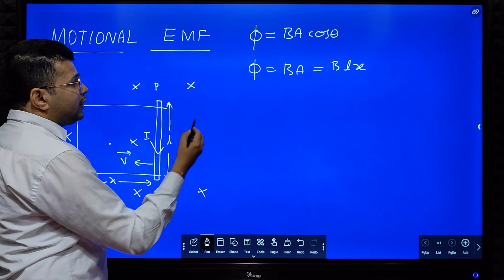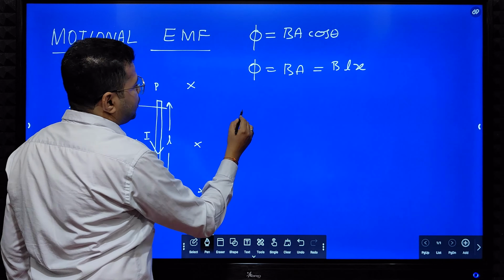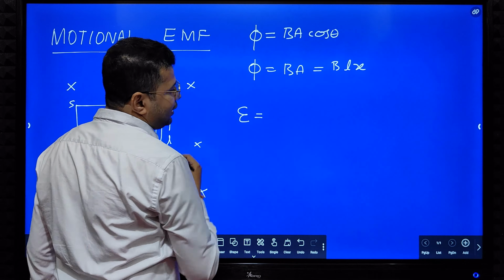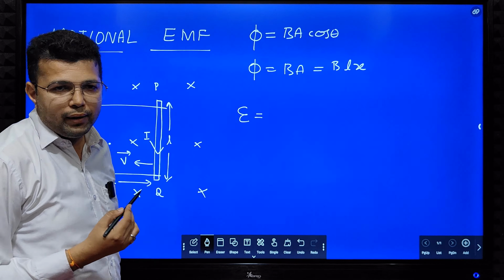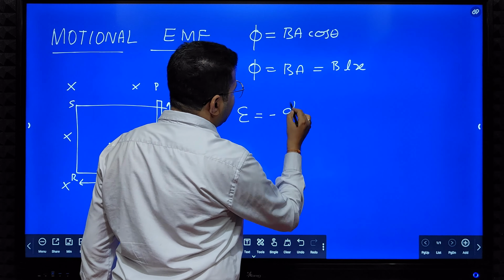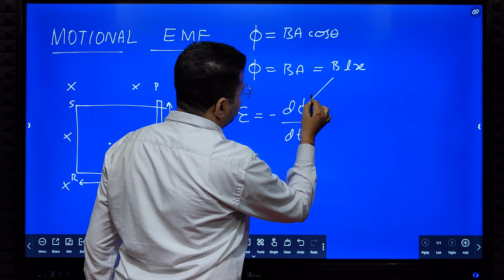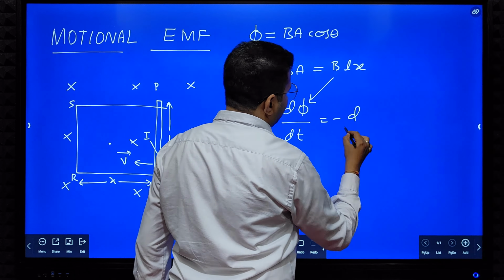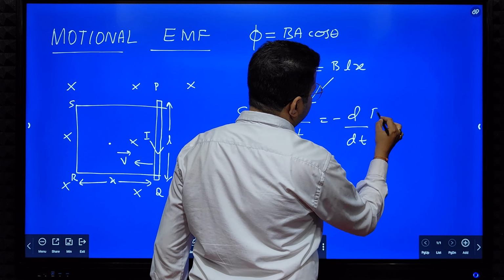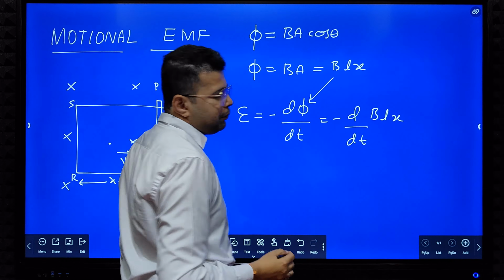Now how to find induced EMF, because we have to find motional EMF. According to Faraday's law, E is equal to minus d phi by dt. In the place of phi, substitute BLX, so we differentiate BLX with respect to time.